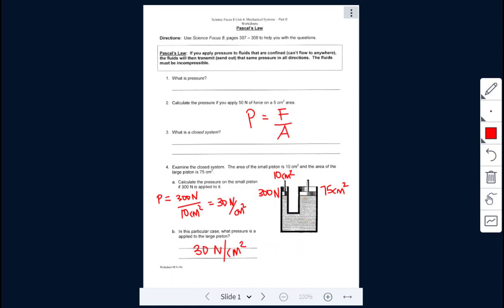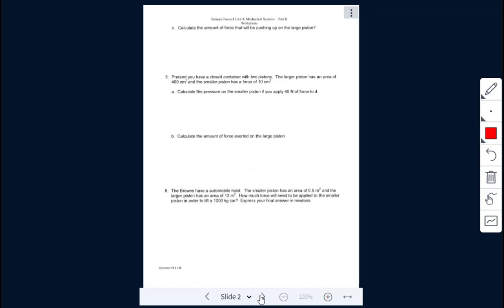Now we have to calculate the force that's going to push up on that large piston. When we do that, we have to rearrange our formula for pressure. We know that pressure is equal to force divided by area, but now we're solving for force. So force is equal to pressure times area.